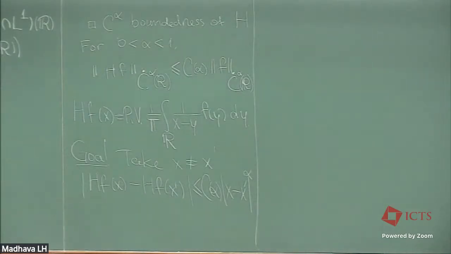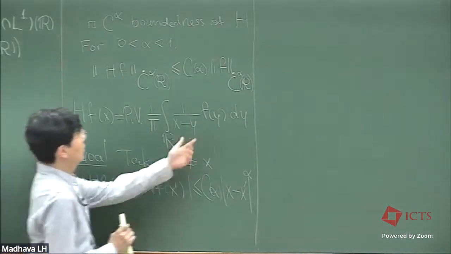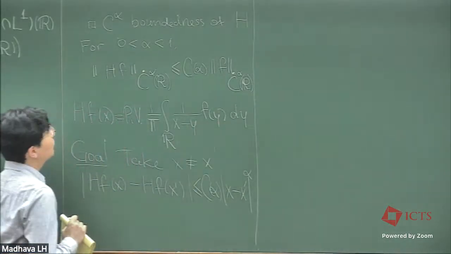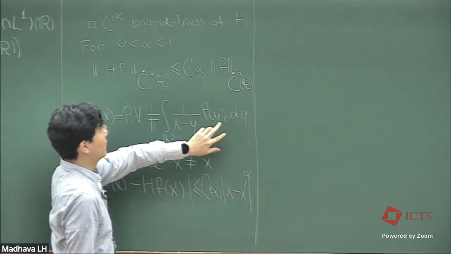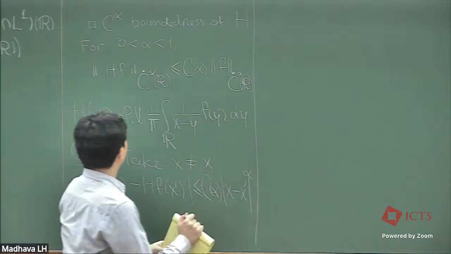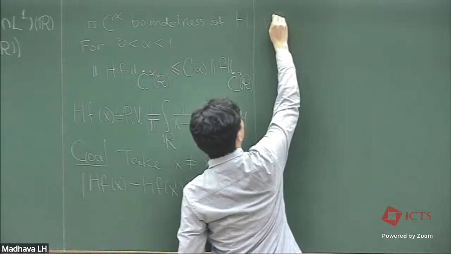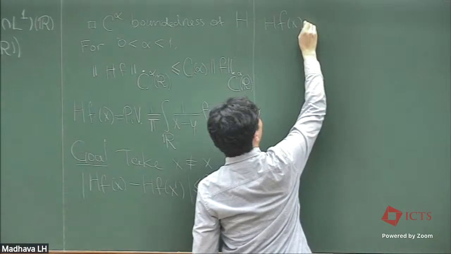So before we do this, there is an observation to do, which is that we can insert f of x here. So the claim is that the Hilbert transform at x can be rewritten.